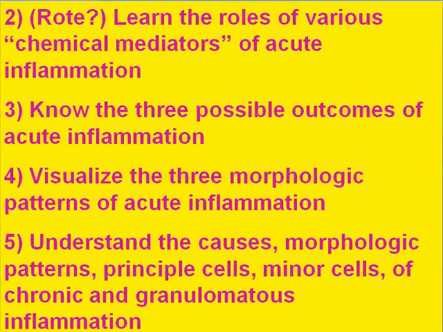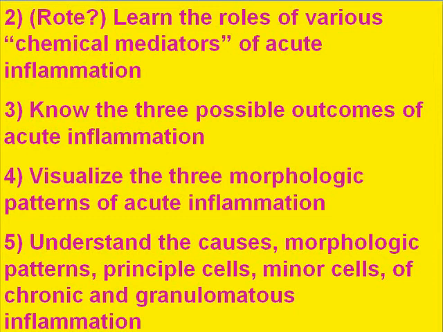We're going to talk about the role of various chemical mediators in kind of a rote-like fashion because they don't always fit in with the sequential flow of the plot. We're going to talk about the three possible outcomes of acute inflammation, which is complete resolution, chronic inflammation or scarring, which is also called fibrosis.